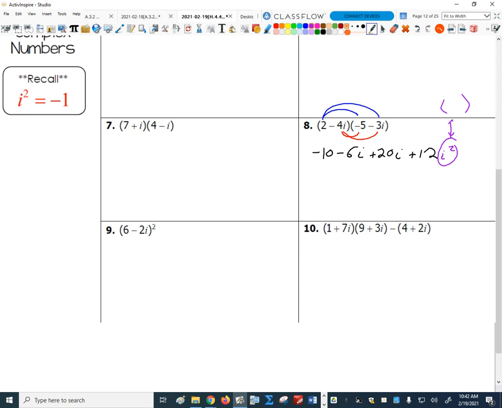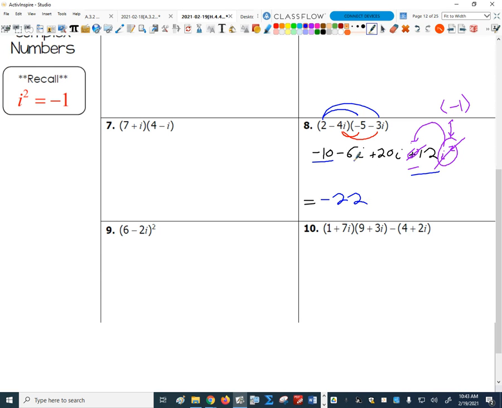Everybody agree? Okay, but anytime we see an i squared, what are we going to trade that for? What's i squared equal to? Type it in chat. Negative 1. Good. So really all that does is we're going to cross the i squared out and change the sign of that term to a negative, right? And now when I add up the like terms, what do we get? I've got a negative 10 and a negative 12 that add to negative 22.